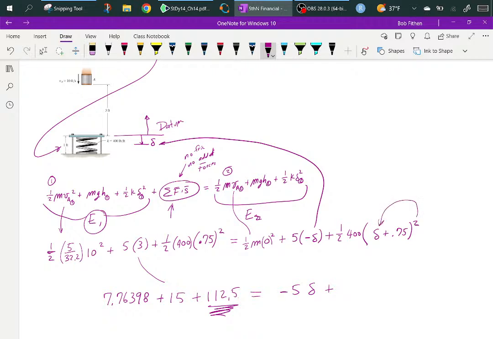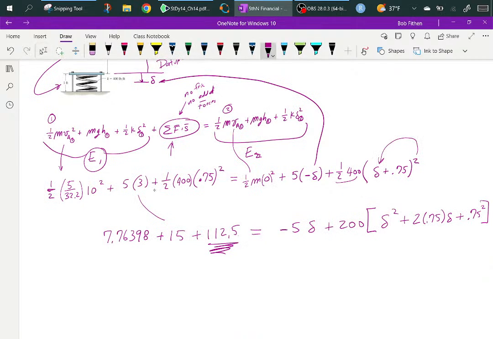This will be interesting. I wonder if this thing will solve a quadratic equation. So that will be 200, and this will be delta squared plus 2 times 0.75 times delta plus 0.75 squared.